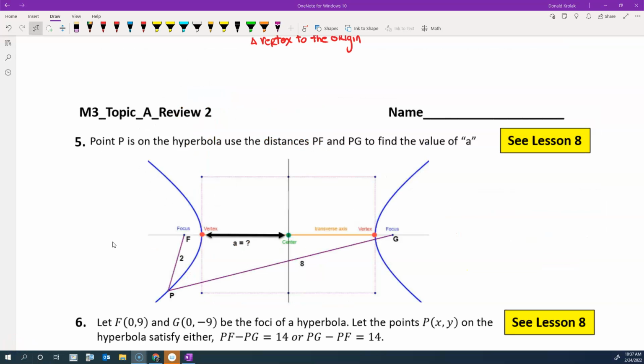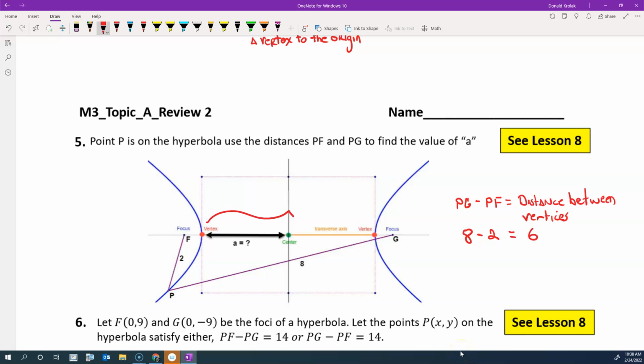Now, here's what you know on this one, is that you take the differences of the two distances, not the sum like we did before. And that's equal to the distance between the two vertices. Okay, so if I did 8 take away 2, that's 6.